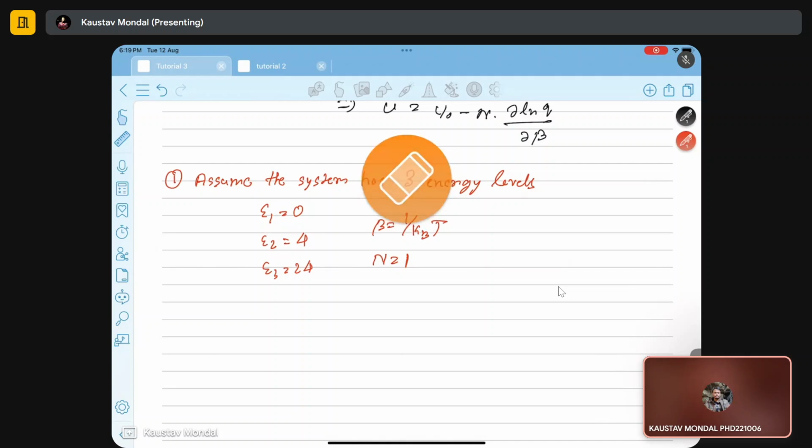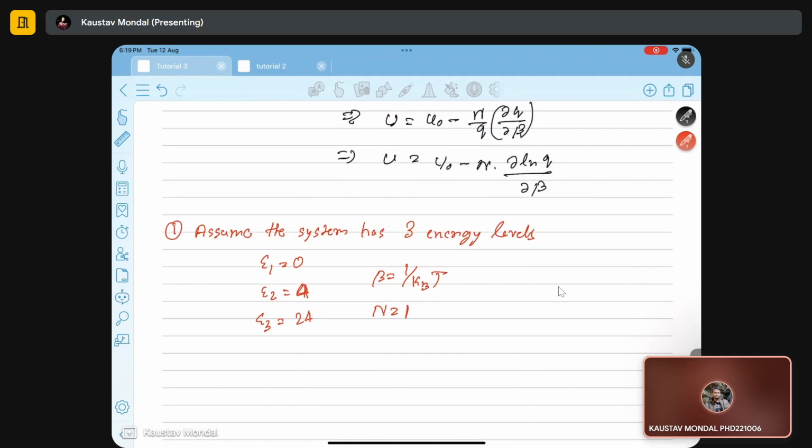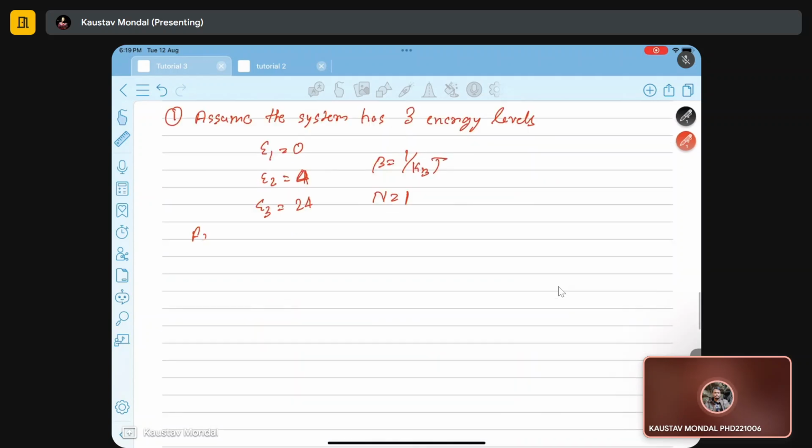Now the question is, for this system compute E. Okay, that is the total energy.